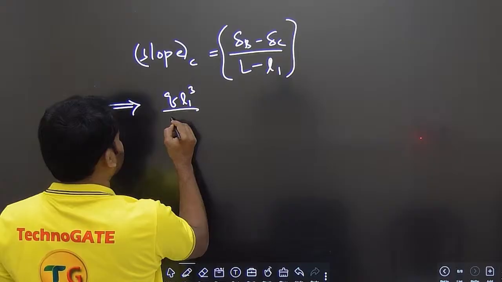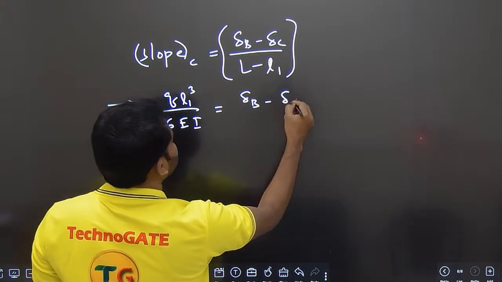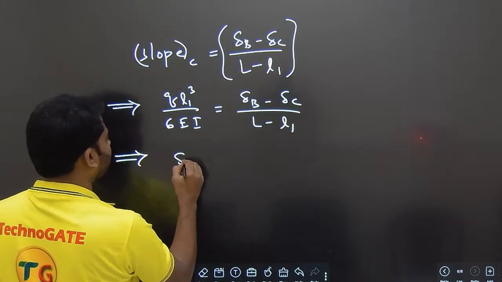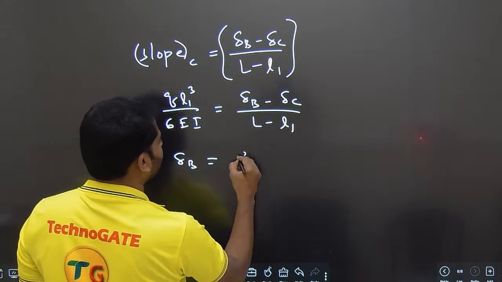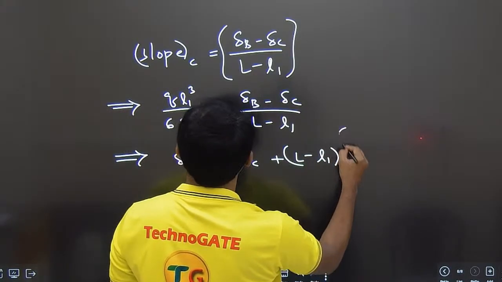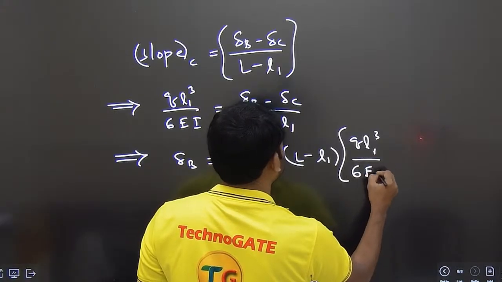Q L1 power of 3 by 6 EI is equal to delta B minus delta C by L minus L1. So we want to get delta B, right? Delta B is equal to delta C plus (L minus L1) into Q L1 power of 3 by 6 EI.